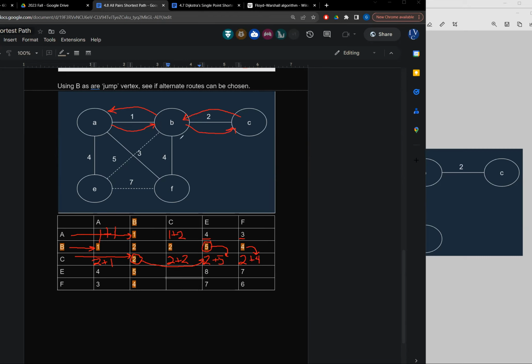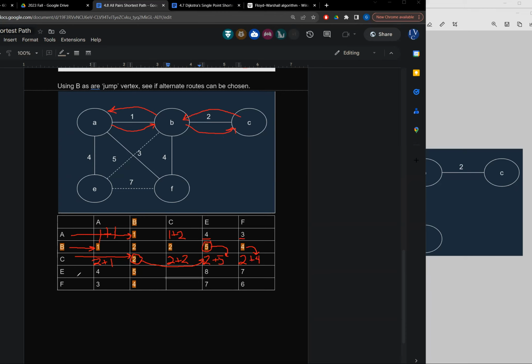Since B is our reference point, and there's a path known out of B to A to C to F and E via A, the opportunity to update is going to increase. All right, so that's row C.